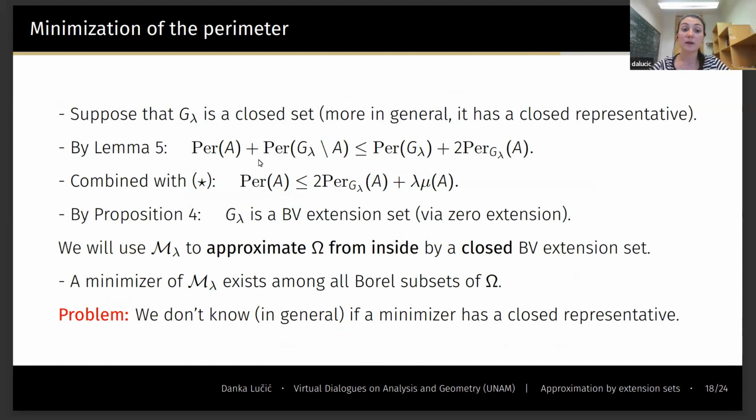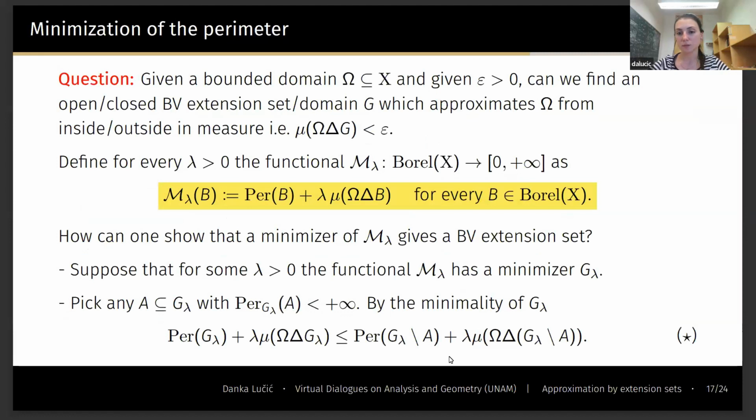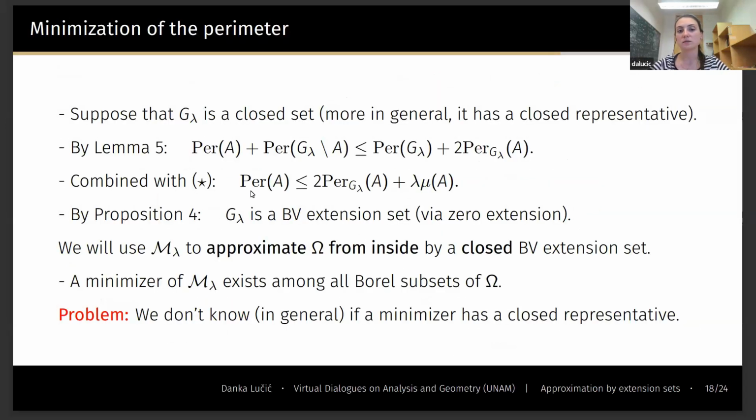Then by the lemma that I just showed you, and this is why I am assuming the set is closed, we also have this inequality applied to G lambda and its subset, the set A. If you combine this inequality with the previous one, you easily get this inequality here.